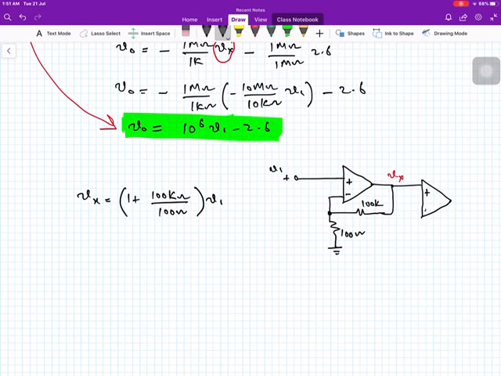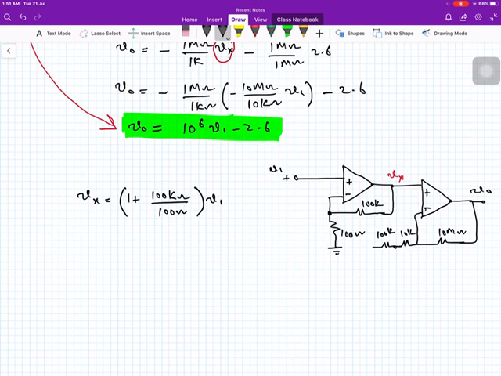From here we have 100K and 10 kilo ohm resistance, and this is a 10 mega ohm resistance, and this is VO.